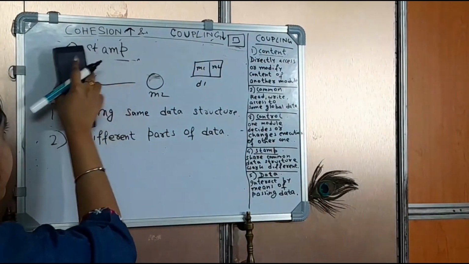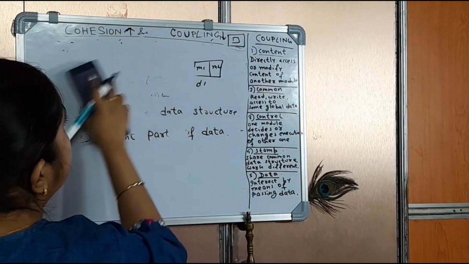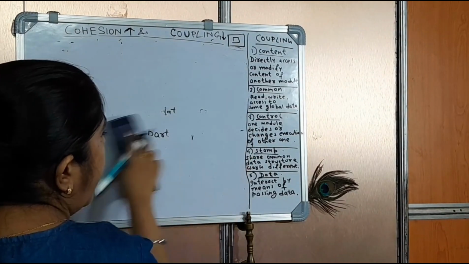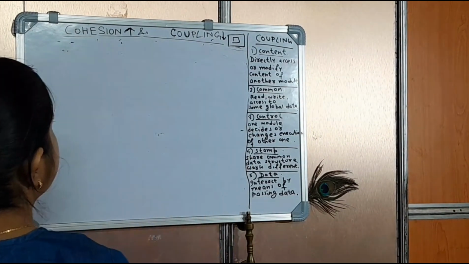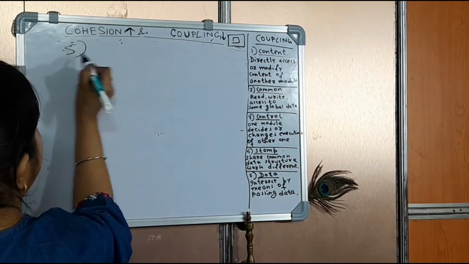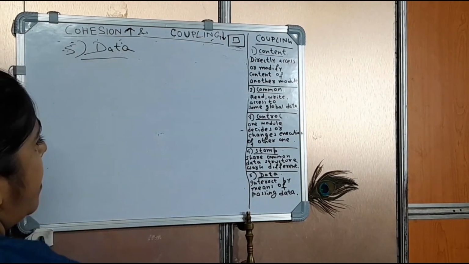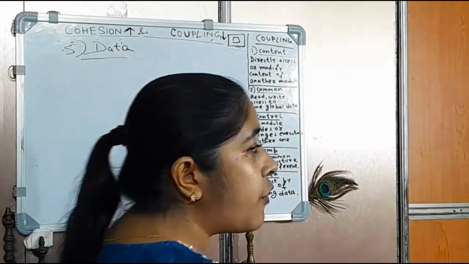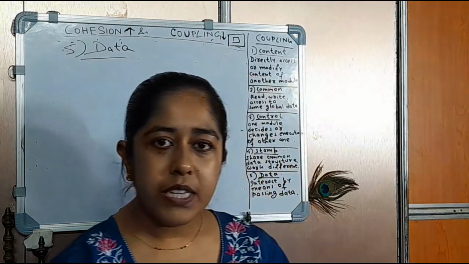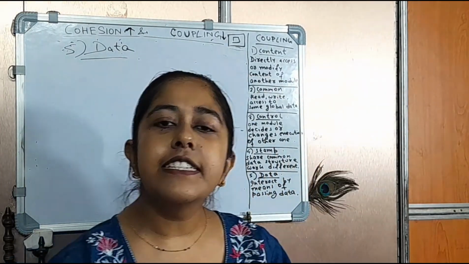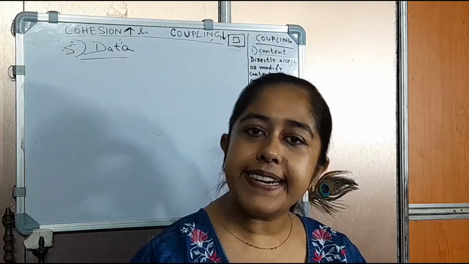Now the fifth one is data coupling. What is happening in data coupling? Here all the modules interact with each other on the basis of data.